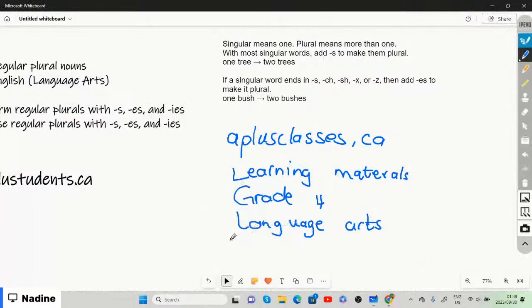So language arts, and then we're going to go to the grammar book. Let me just go back.